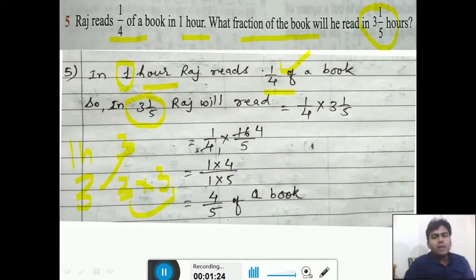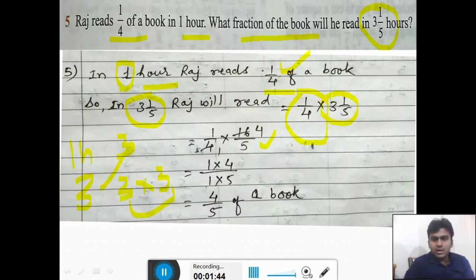So we have to multiply here 1 upon 4 with 3 complete 1 upon 5. This 3 complete 1 upon 5 we can change into an improper fraction and we will get 16 upon 5. How?